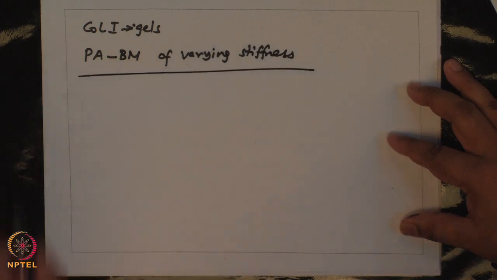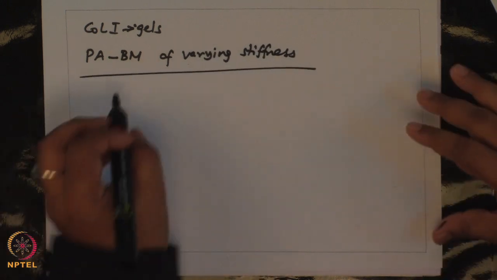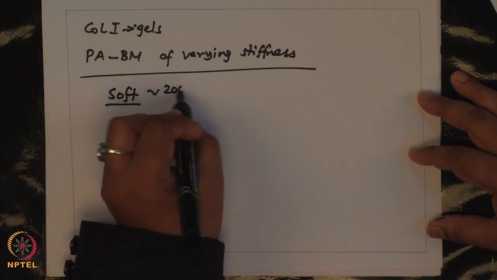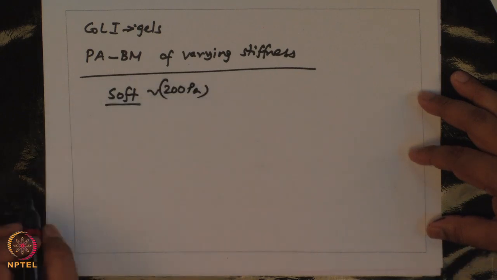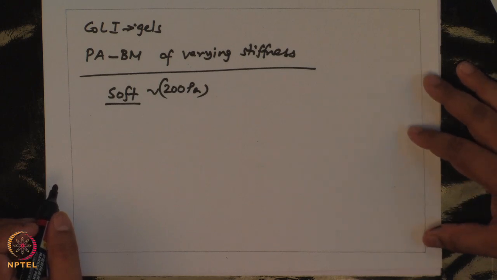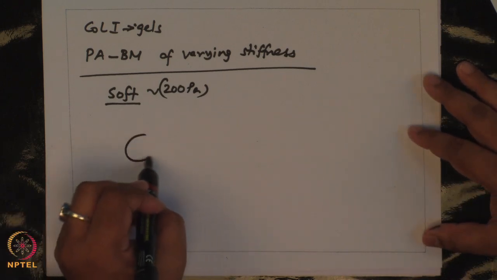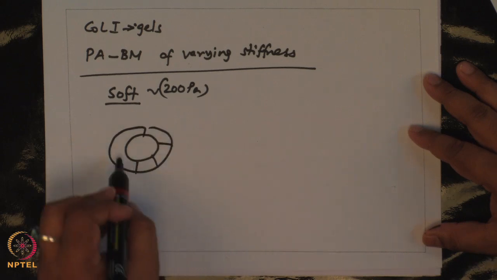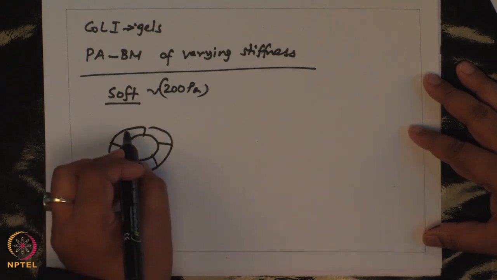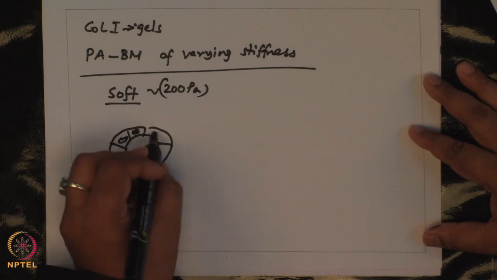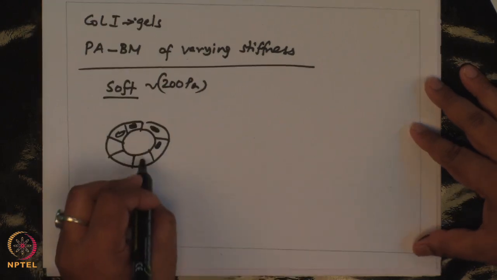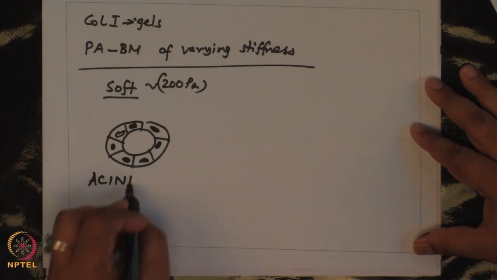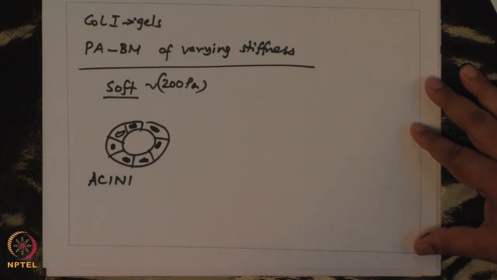On both these substrates, what she found was that on soft substrates, of the order of 200 pascals, mimicking the native stiffness of normal mammary gland, the epithelial cells form acini structures.